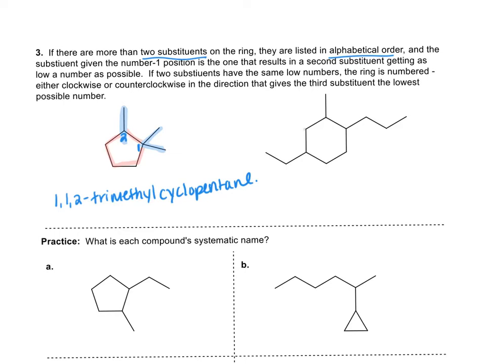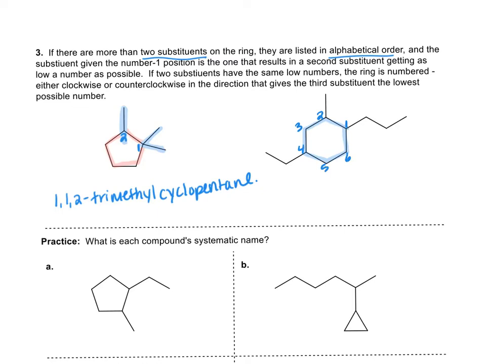So in this next case, our parent chain is cyclohexane. If we start numbering here, we go 1, 2, and 4 as our substituent numbers. If we start here, it would be 1, 3, and 4. So the lowest numbers we can give things is to go 1, 2, 4.